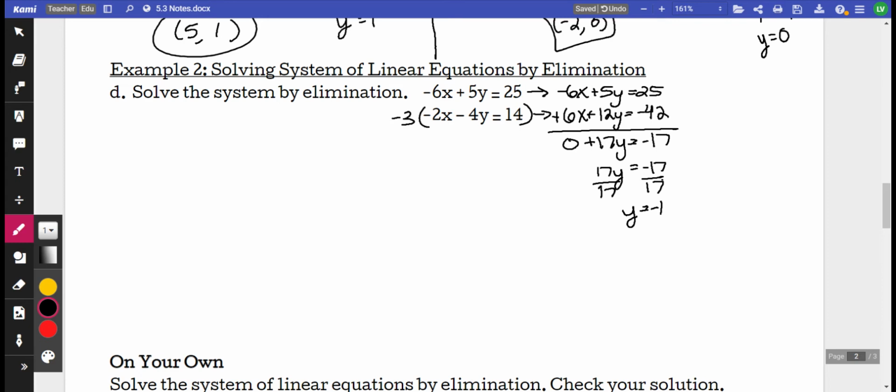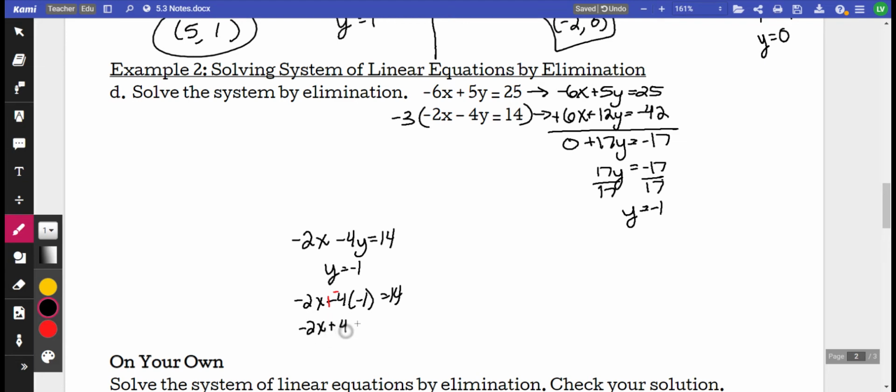Now we need to plug it back into one of the equations to get the answer for the x. I'm going to plug it into the second equation. Again, it doesn't matter. It's whichever one you prefer. So then, negative 2x minus 4 times negative 1 equals 14. There's subtraction, so I'm going to add and make that a negative 4.